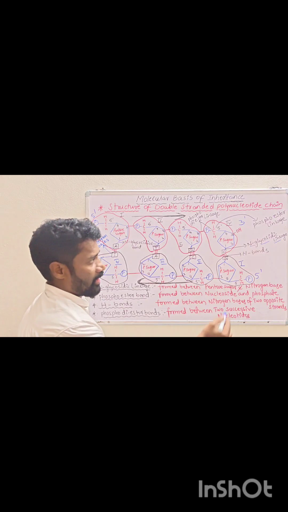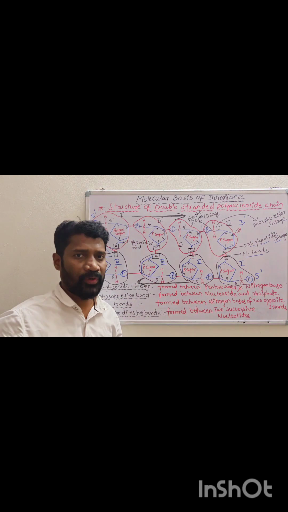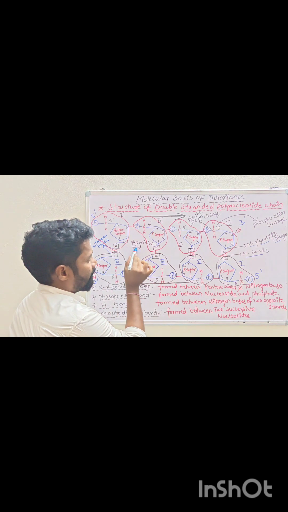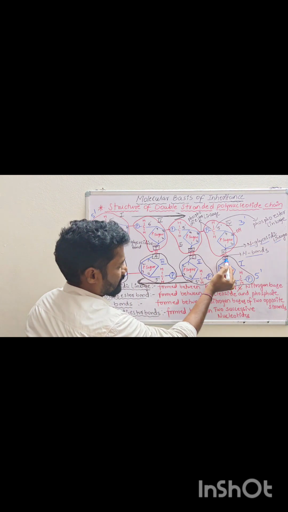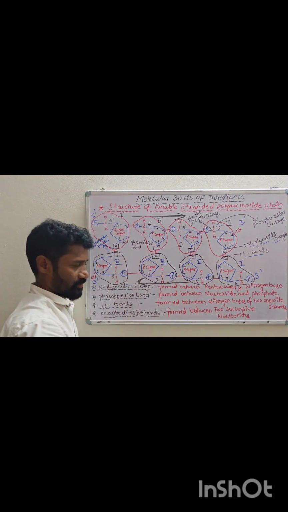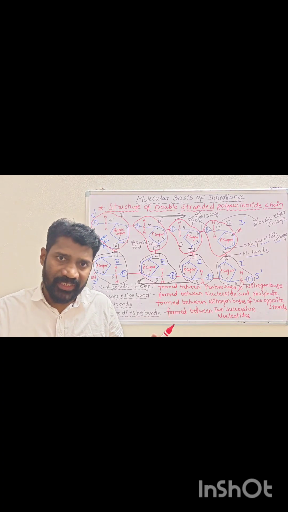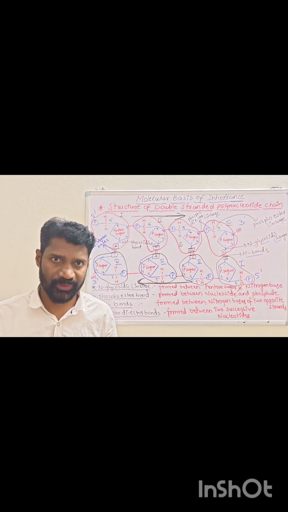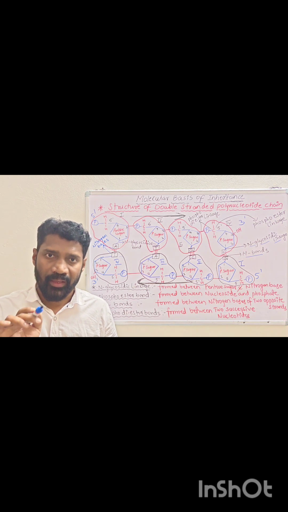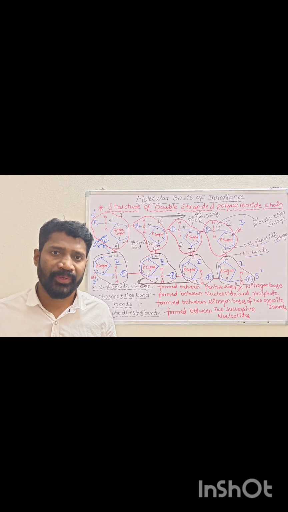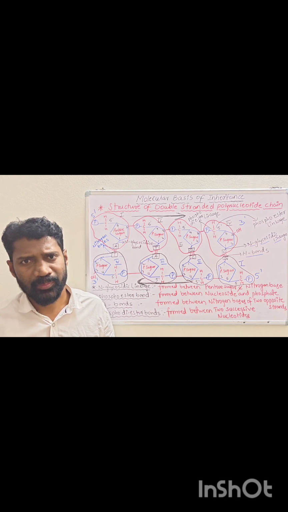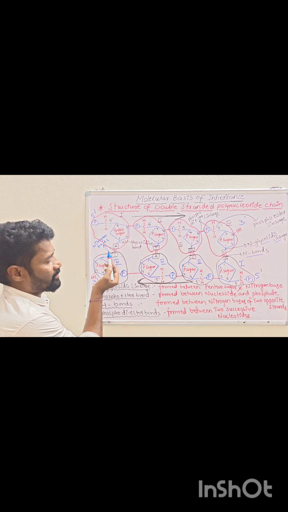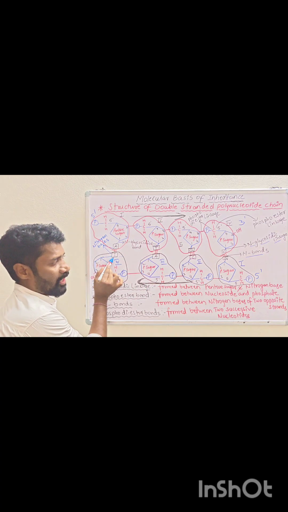Next, hydrogen bonds. Very, very important. This strand has some nitrogen bases and this strand also has some nitrogen bases. What is the mode of bonding between the nitrogen bases of the two opposite strands? Always one purine binds with one pyrimidine. There is one rule: adenine always binds with thymine.